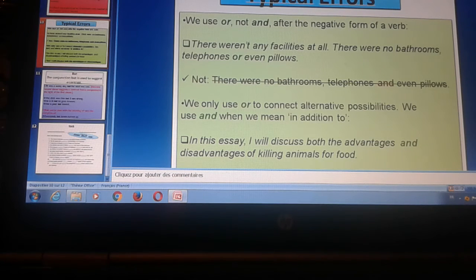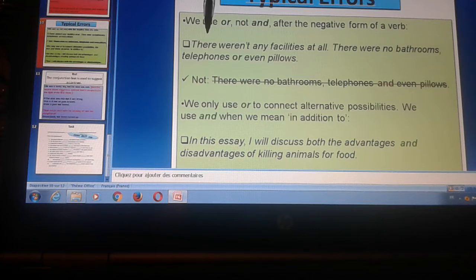typical errors. You should pay attention to not make mistakes like this. We use or, not and, after the negative form of a verb. For example, there weren't or there were not any facilities at all.